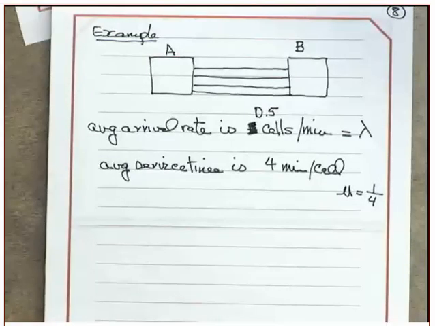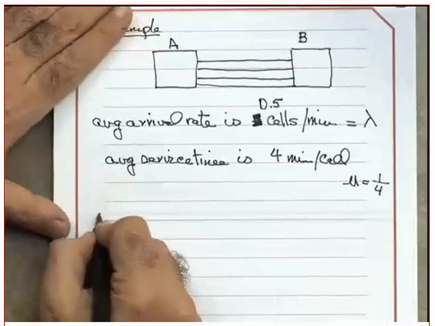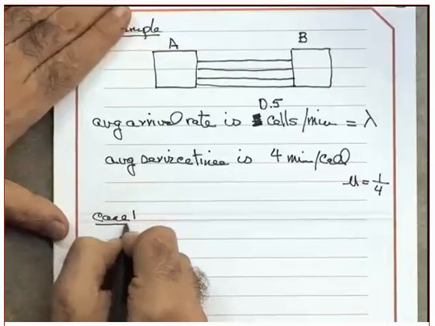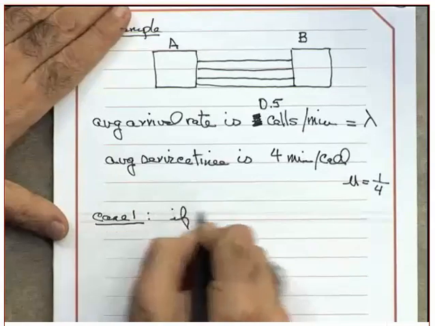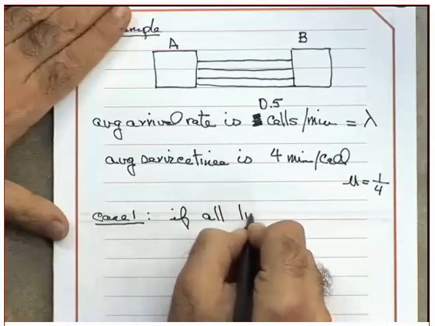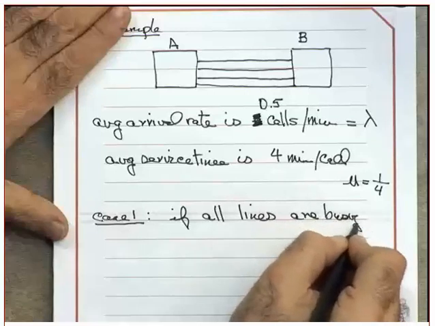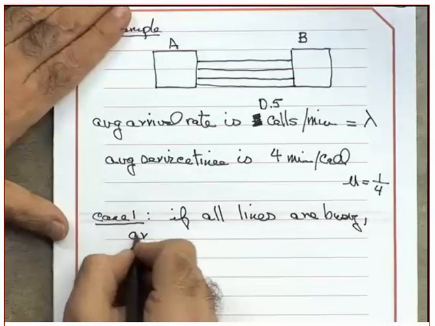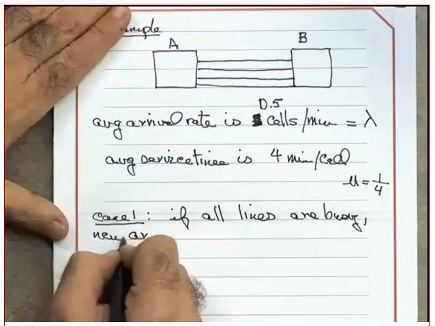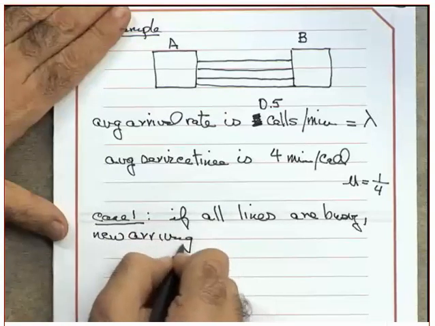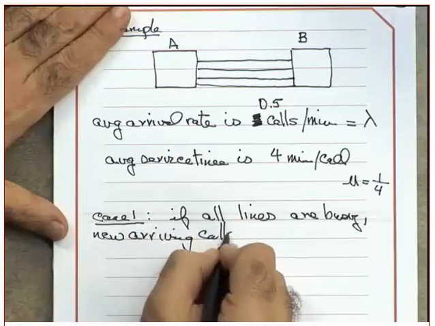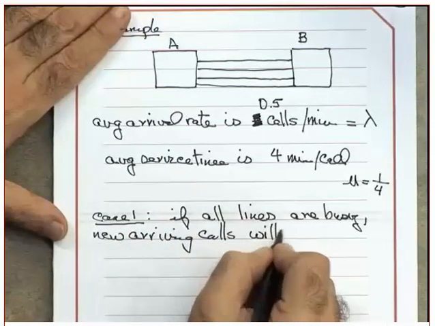Average service time is 4 minutes per call. Case 1: if all lines are busy, new arriving calls will be delayed.